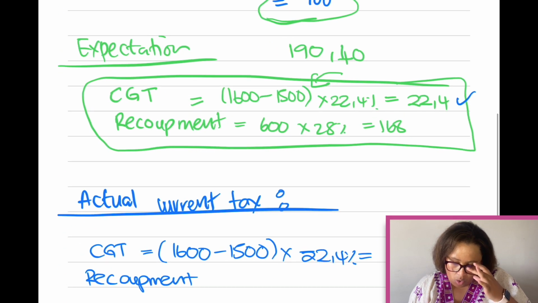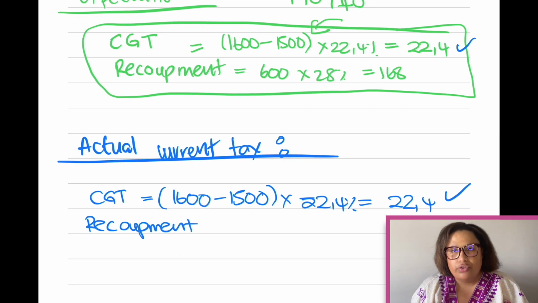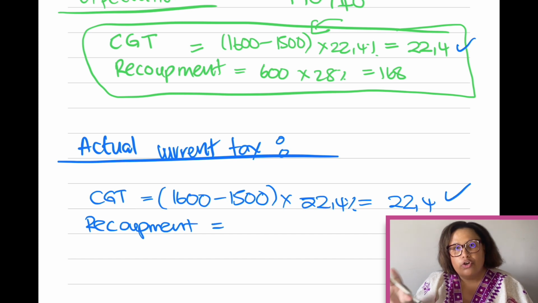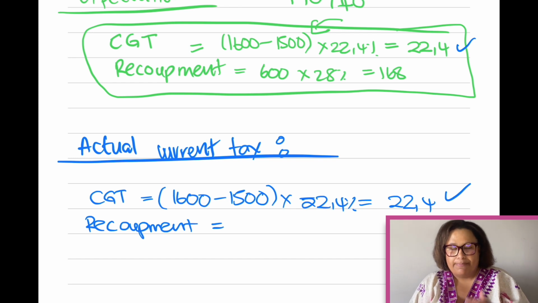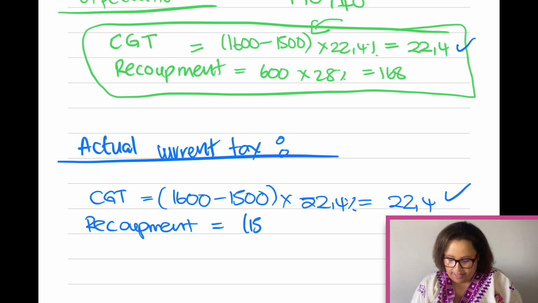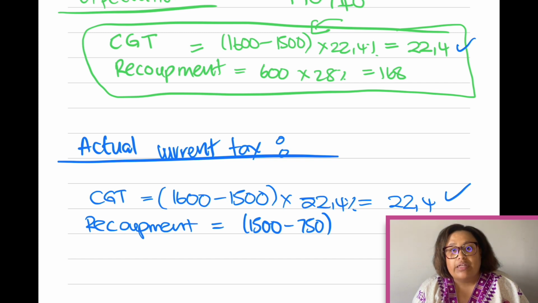Now, when we do our recoupment calculation, how do we do it? We actually look at what we recouped from the tax base of the asset, because if we've taken 750 in allowances, that is the difference between the 1,500 and the 750 tax base.